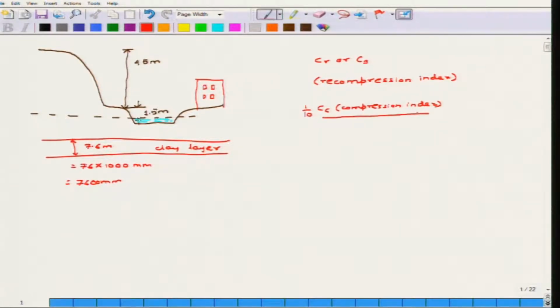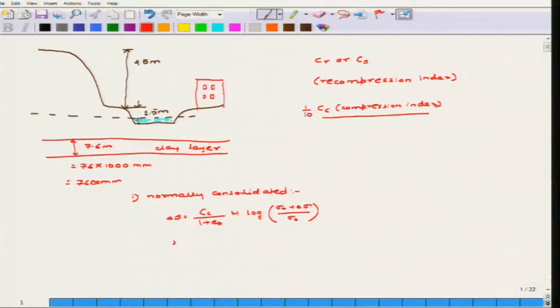So, first let us find the settlement due to the normally consolidated clay layer. Now, delta S is equal to Cc by 1 plus e naught into H into log of sigma naught plus delta sigma by sigma naught.